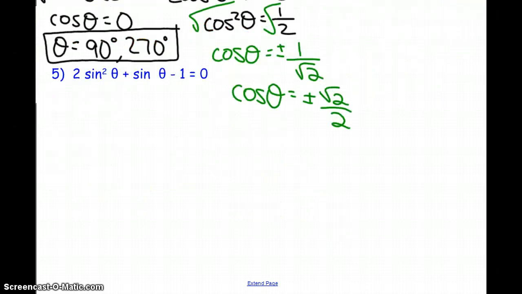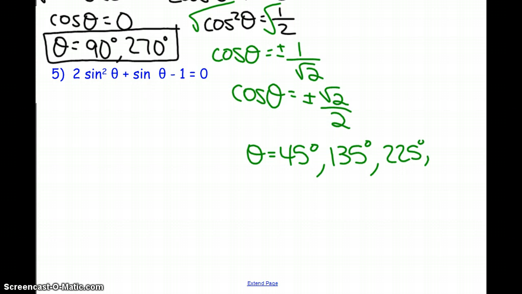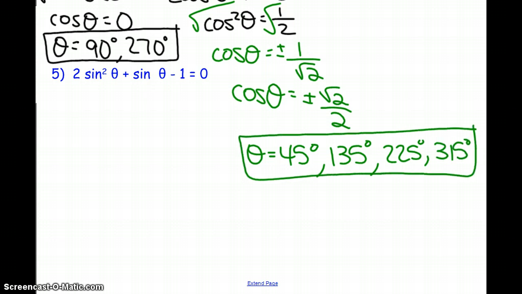So now I am saying that cosine of theta can either be positive root 2 over 2 or a negative root 2 over 2. Well, if we look at our unit circle, I now have 4 values that work. That x coordinate is a positive root 2 over 2 in 2 places and a negative root 2 over 2 in another 2 places. So we do need to list all of them. We have 45 degrees, 135 degrees, 225, and 315 degrees. So yes, this problem has a total of 6 answers.